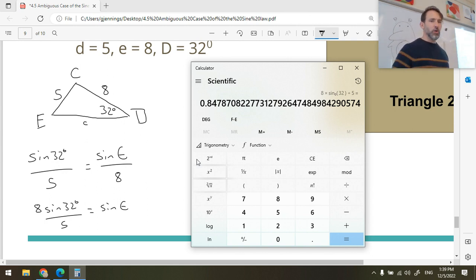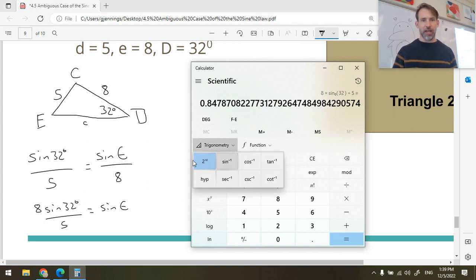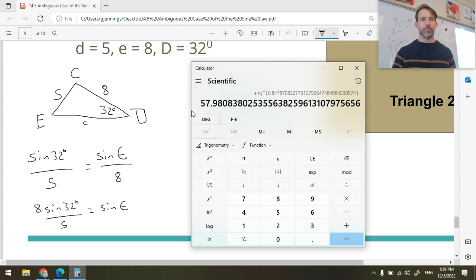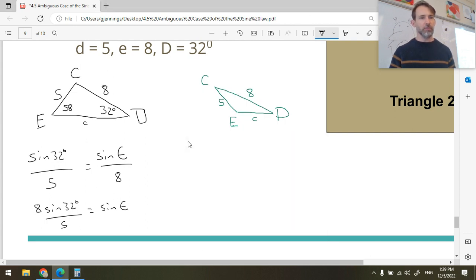And when that's less than 1 and this side here is less than that side, you have two possible triangles. This is a two possible triangle situation. Then we take the inverse sine of that, and that's angle E here: 58 degrees. So angle E equals 58 degrees.